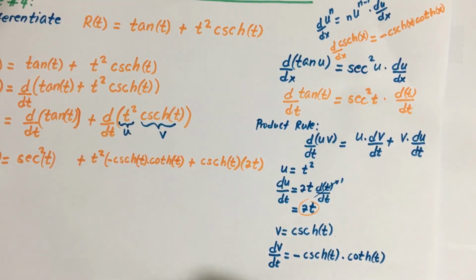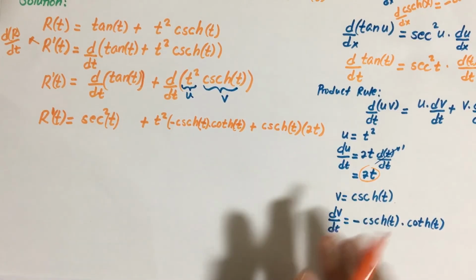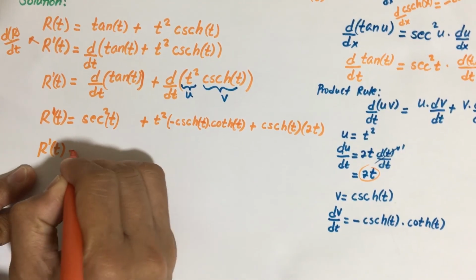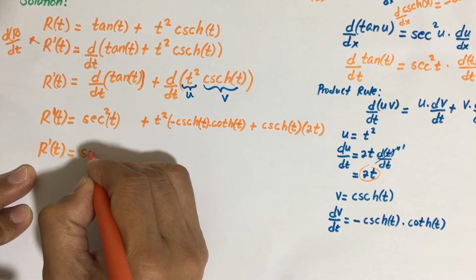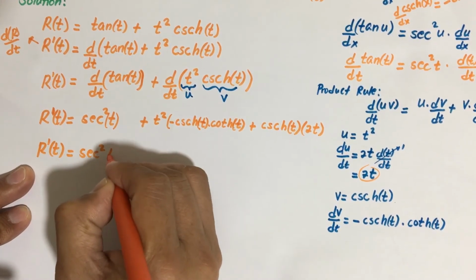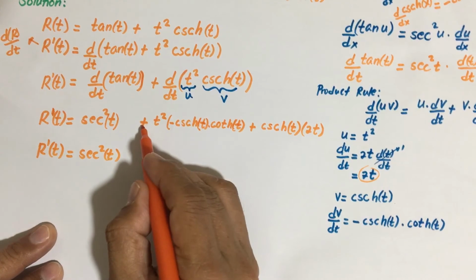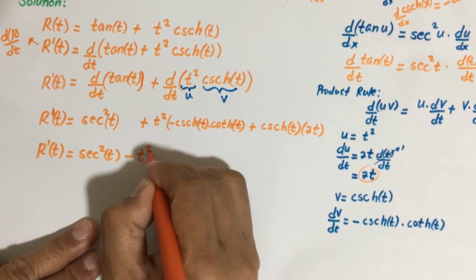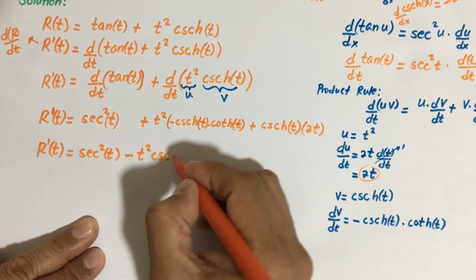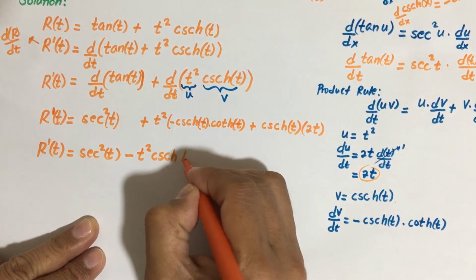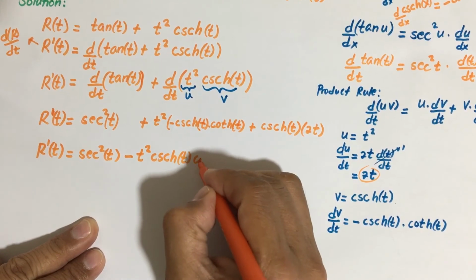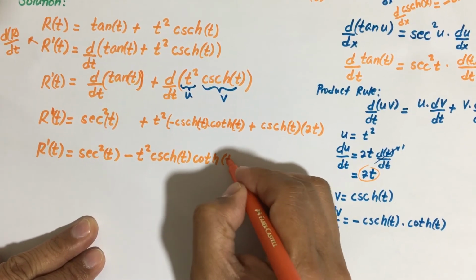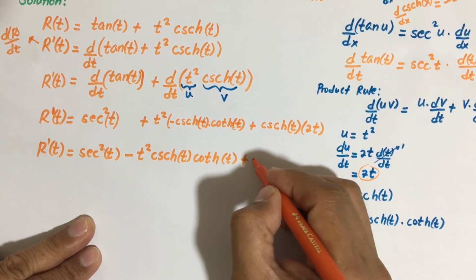So this will be r prime of t is equal to secant squared t, then plus minus, so this will be minus t squared times hyperbolic cosecant t times hyperbolic cotangent t, then plus 2t.